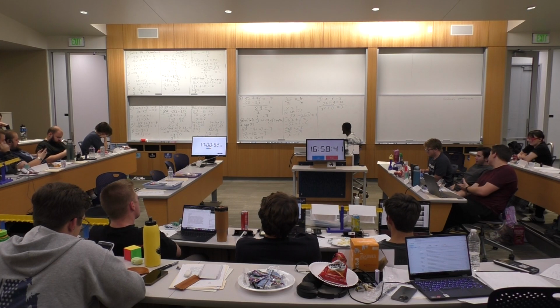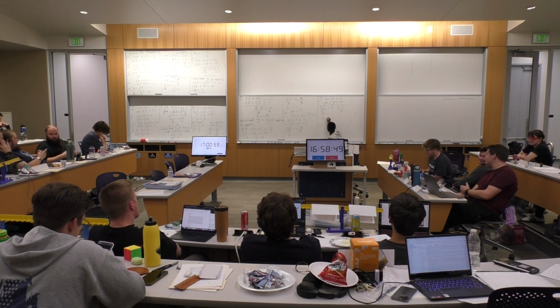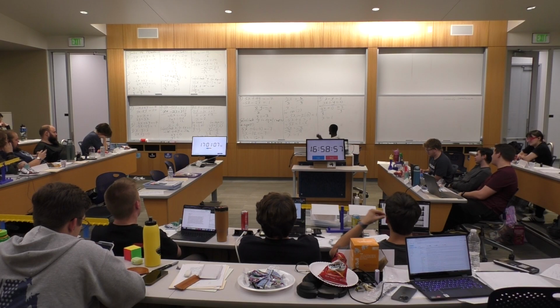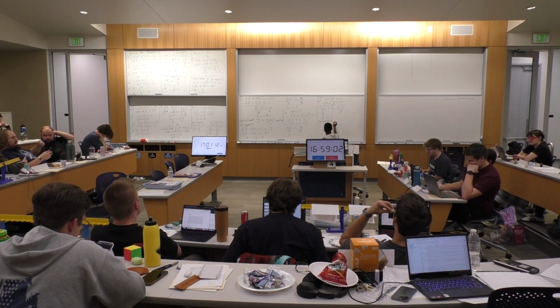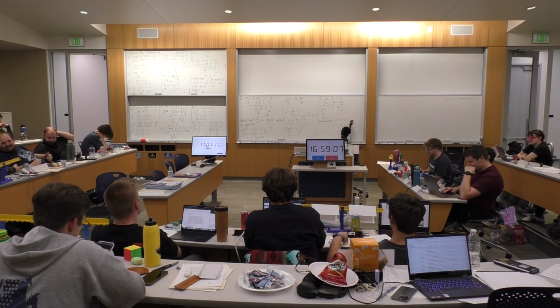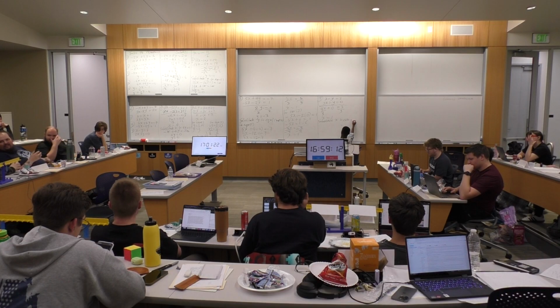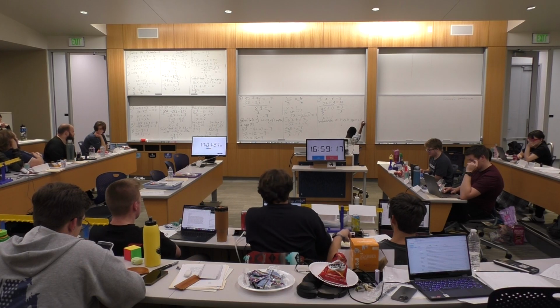Is that clear? Now make x the subject. 3 cancels 3, x is equal to 1. Then to get y, substitute the value of x in either equation 1 or 2.